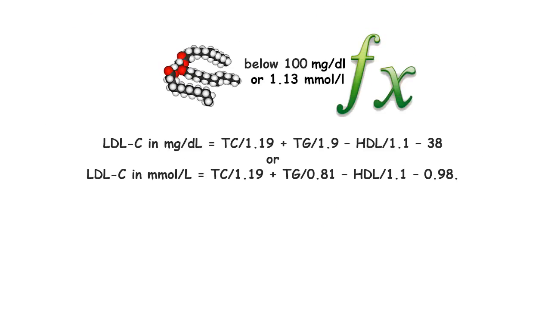If the triglyceride is below 100, then you can use this formula. LDLC in milligram per deciliter is equal to TC divided by 1.19 plus TG divided by 1.9 minus HDL divided by 1.1 minus 38, or LDLC in millimoles per liter is equal to TC divided by 1.19 plus TG divided by 0.81 minus HDL divided by 1.1 minus 0.98.